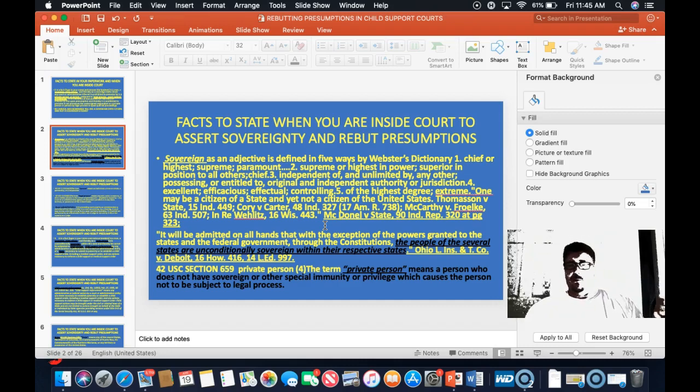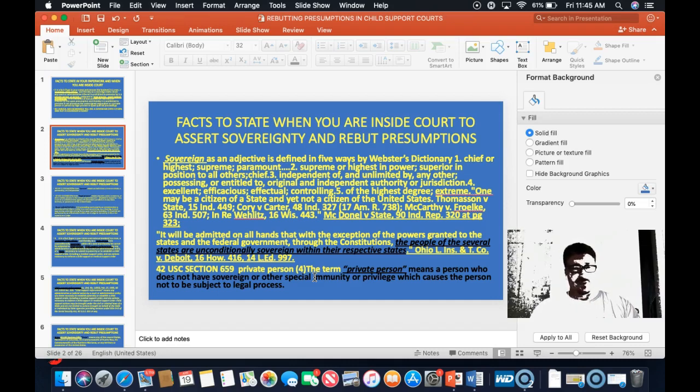The people, and I know who they are, I can't say, that started this sovereign immunity nonsense did so because of what I just showed you earlier, 42 U.S.C. 659, private person means. They know that sovereigns are not subjected to this color of law nonsense, these administrative courts, these child support proceedings. They make it sound like we're this.